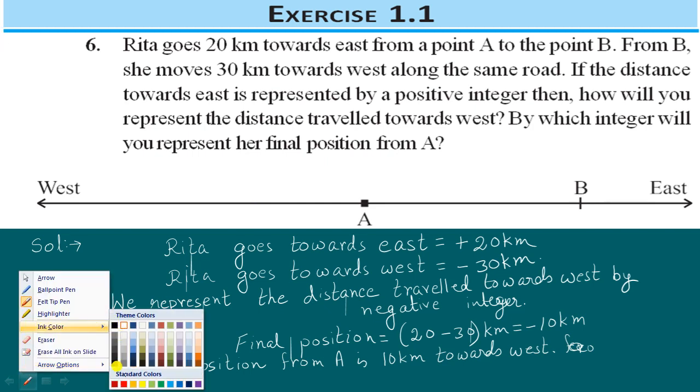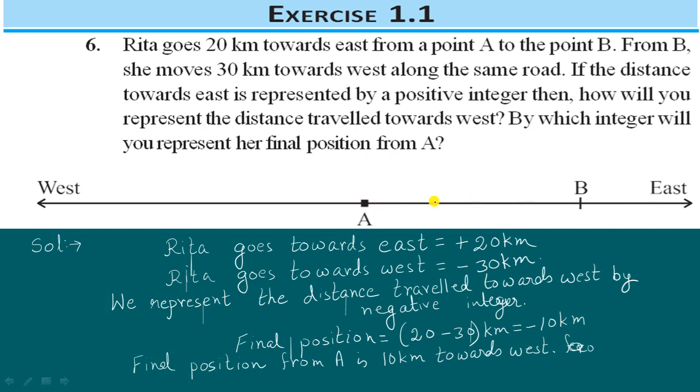Here you see we are representing it in a number line. If this is a number line, that means 20 km towards east. Suppose this is 20 km. B is 20 kilometer. This is represented by plus sign. That is from 0 to here it is 20 kilometer, right?